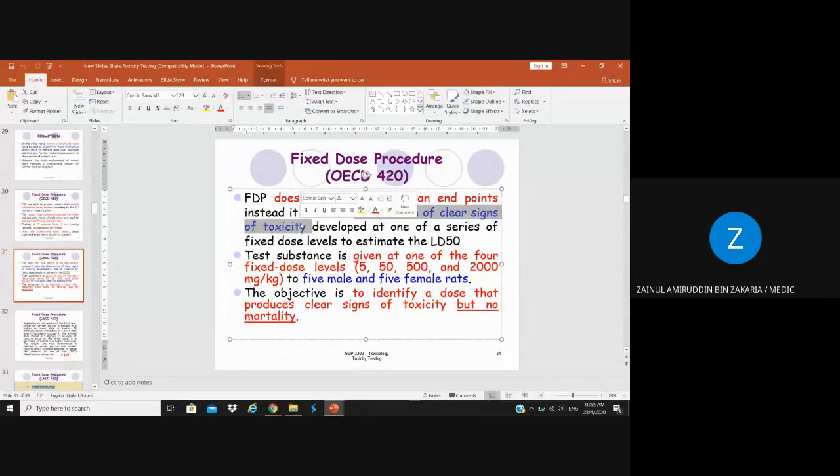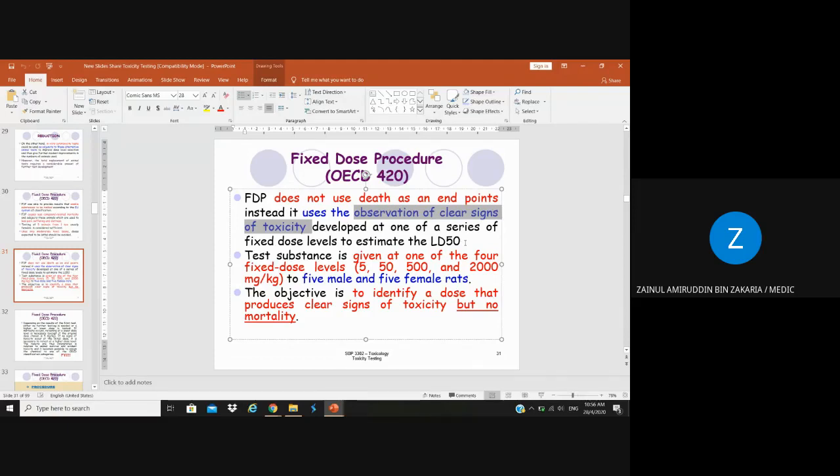Okay, so let's say at 300, you can see sign of toxicity. At 50, you did not see sign of toxicity. What you can say is that you can estimate the LD50 to be between 50 and 300. From there, maybe you can add one more dose between 50 and 300, for example 150.